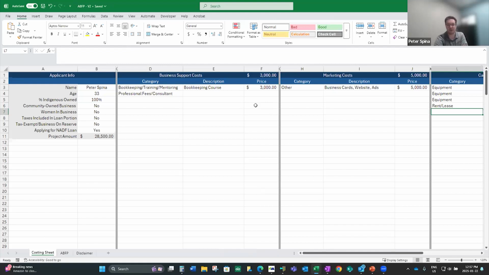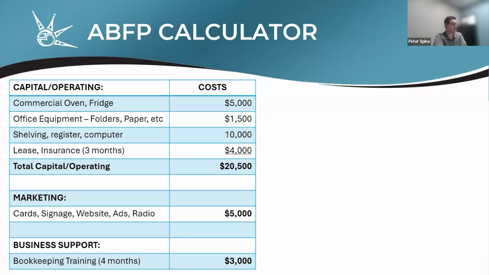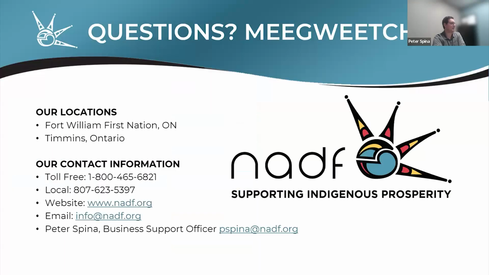So if that's something you would be interested in, you can feel free to give me an email after this presentation, and I can send you a copy. So that's pretty much the presentation as a whole. If you have any questions, we'll take them now.